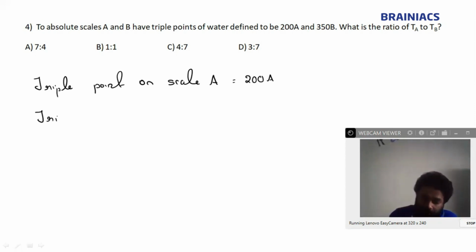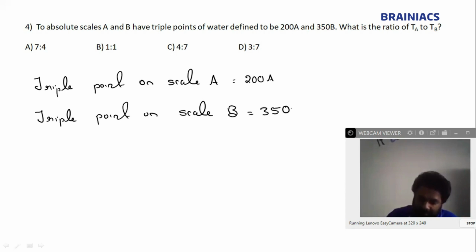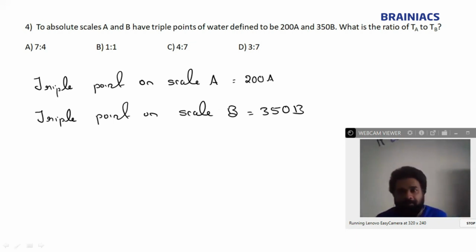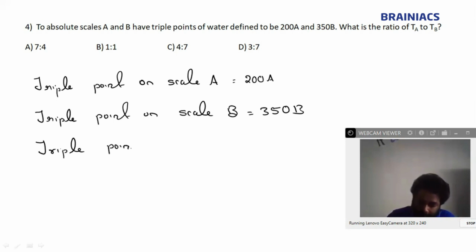Now the triple point on scale B is given as 350B. Now the triple point of water in Kelvin scale is what?